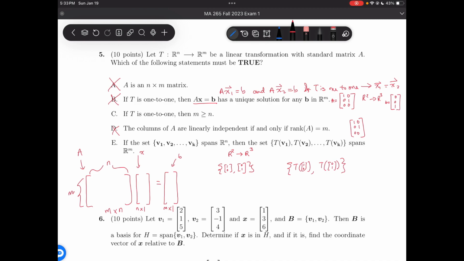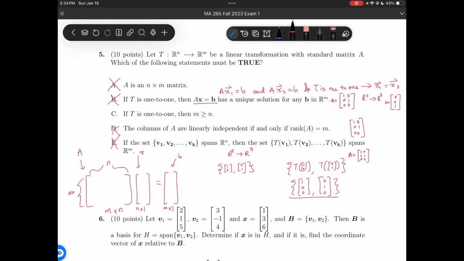So that's why E is also false. And if you want a more concrete example, we can say that the standard matrix for this transformation is 1, 0, 0, 0, 1, 0, which would make T of 1, 0 equal to 1, 0, 0, and T of 0, 1 equals 0, 1, 0. So we can see that this clearly does not span R3.